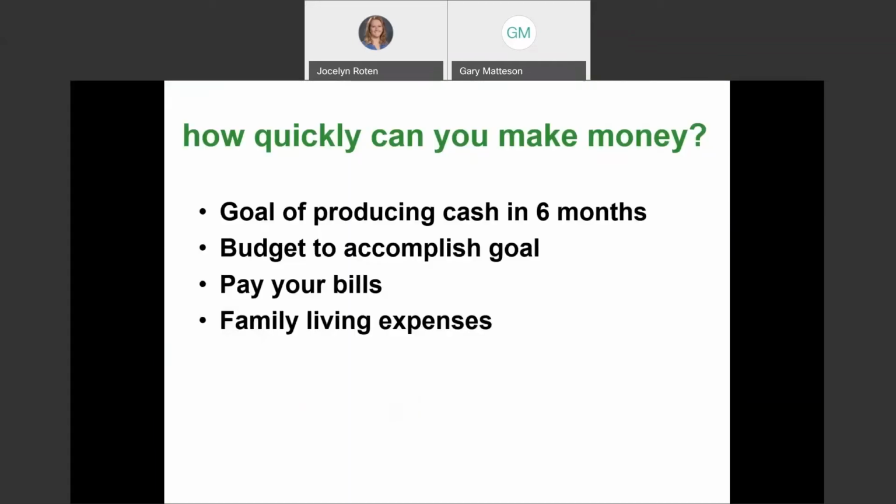One of the main things is to be able to produce some cash, to have some income within 6 months. The reason for this is that every new business always has that problem of how fast to be able to have some money coming in versus just spending money over and over going out.